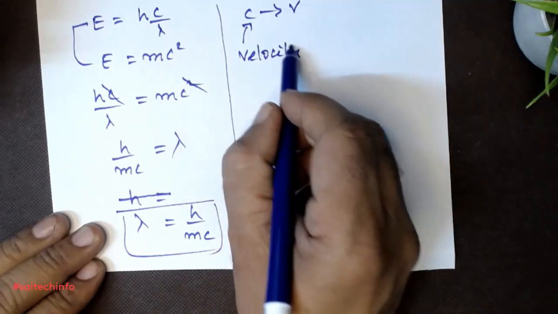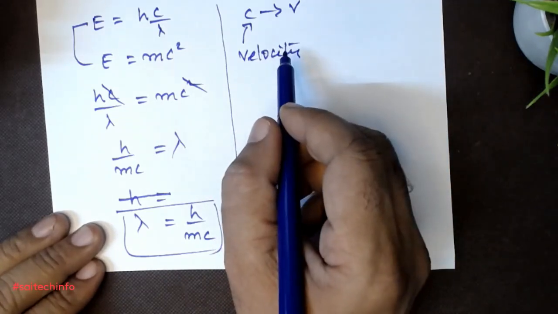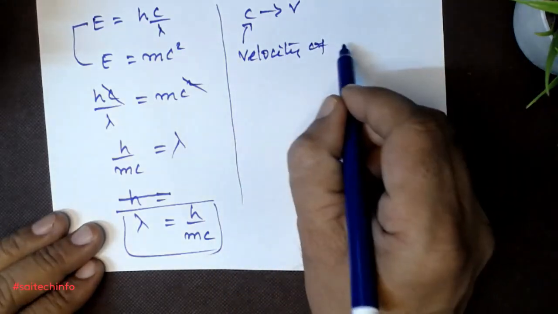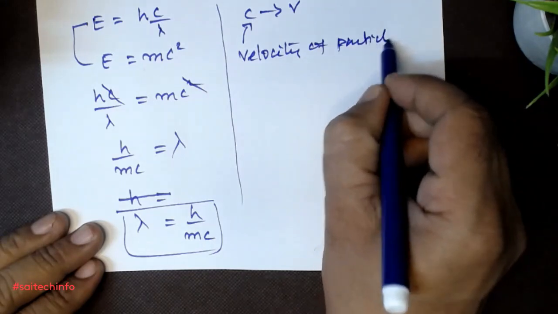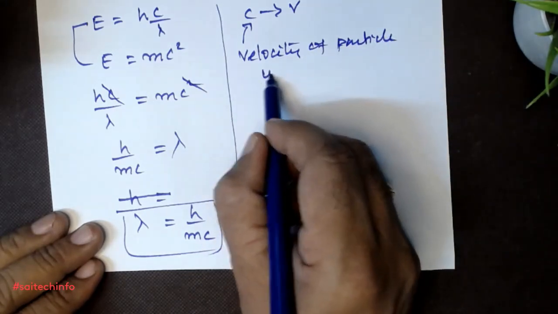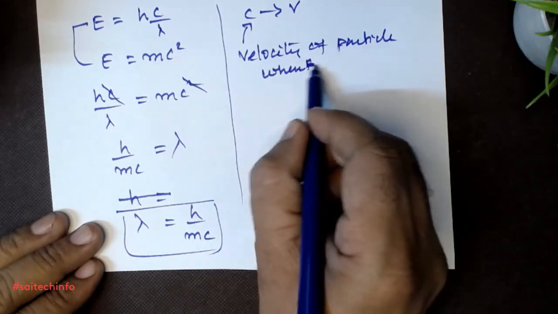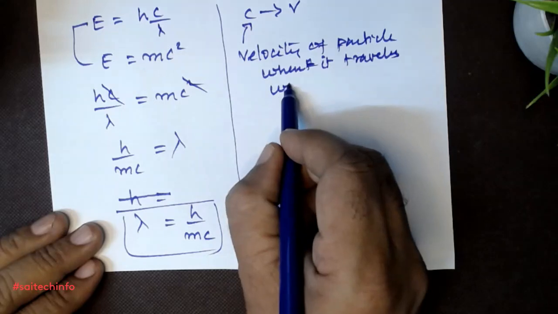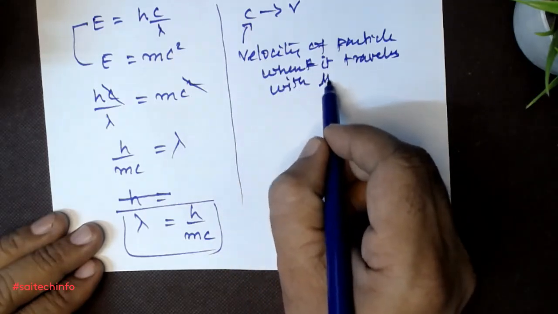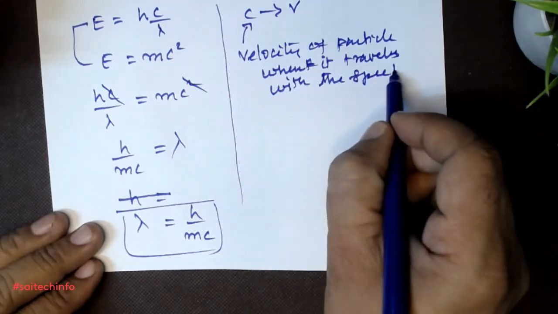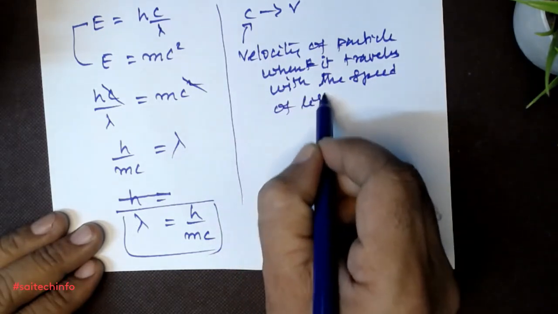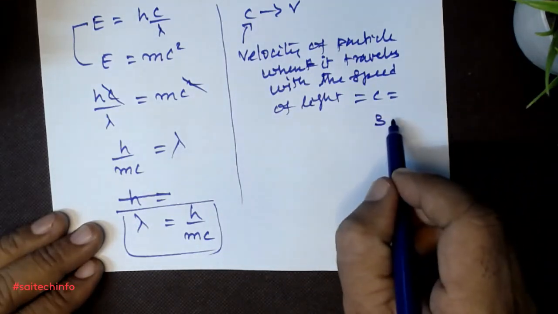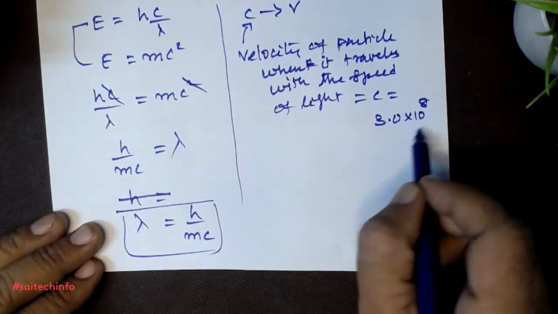It means when the particle is moving at the speed of light, it has the velocity c, that is equal to 3.0 into 10 power 8 meter per second.